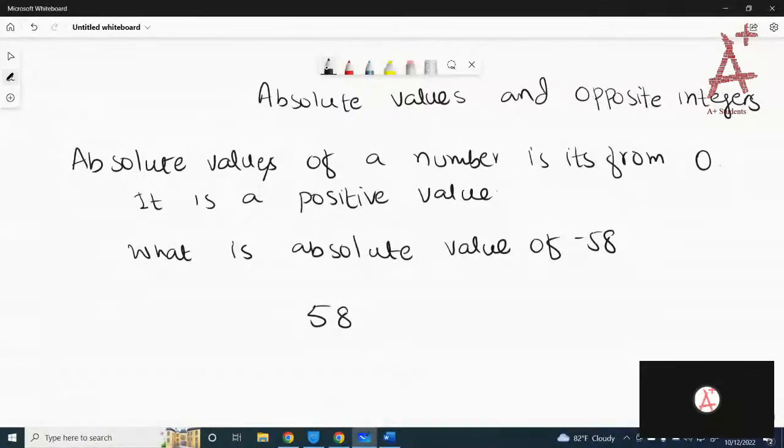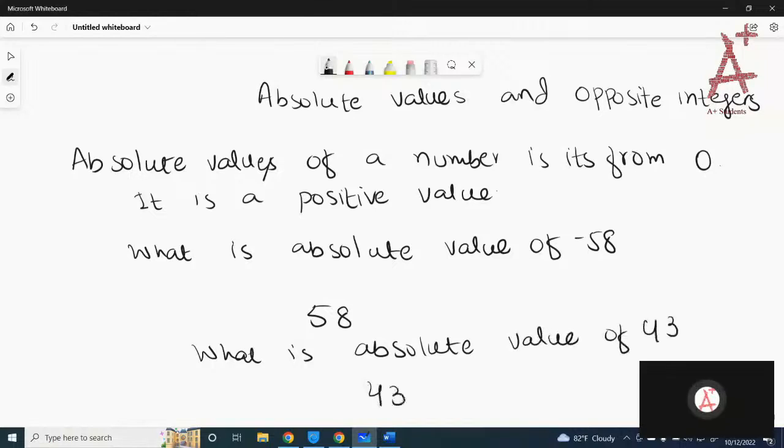Got it? And if it's a positive number, like for example, what is absolute value of 43? It is 43. Got it? Absolute value of 43 is 43. In negative value, it would be positive. That means all the absolute values are always the positive numbers. Got it?